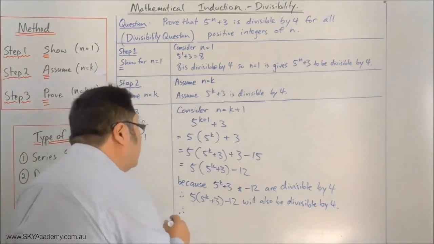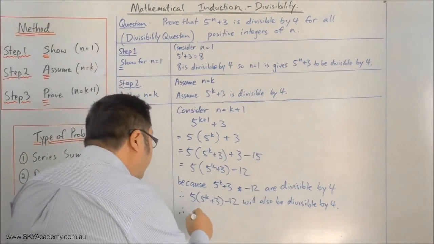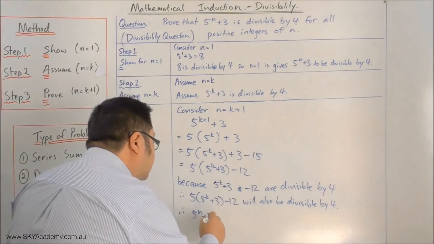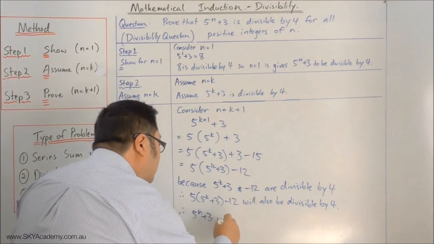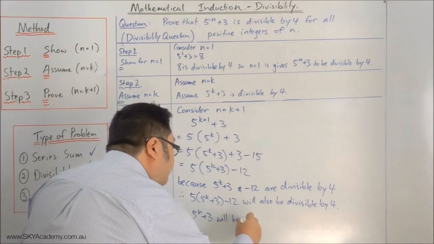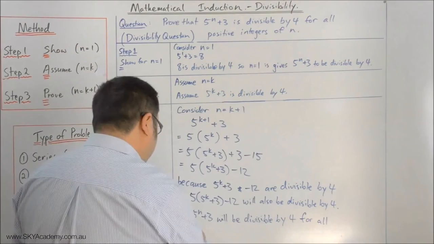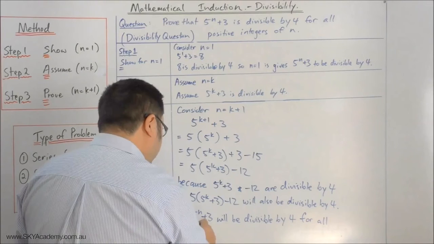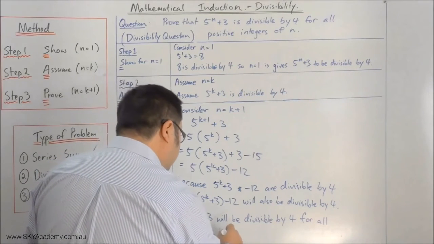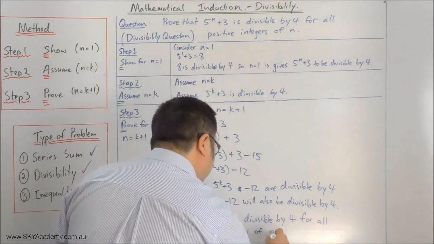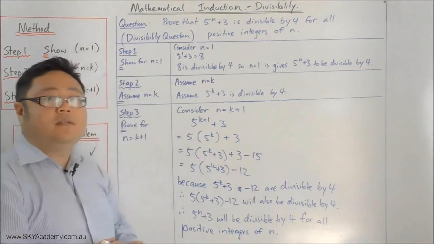Therefore, 5 to the power of n plus 3 will be divisible by 4 for all positive integers n. Does that make sense?